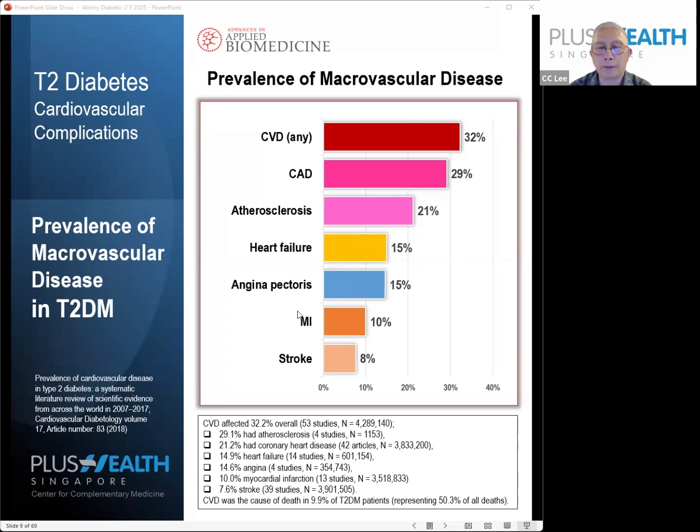Then you have a heart attack, followed by stroke. So coronary artery disease is one of the most prevalent forms of macrovascular disease complication of a diabetic patient.